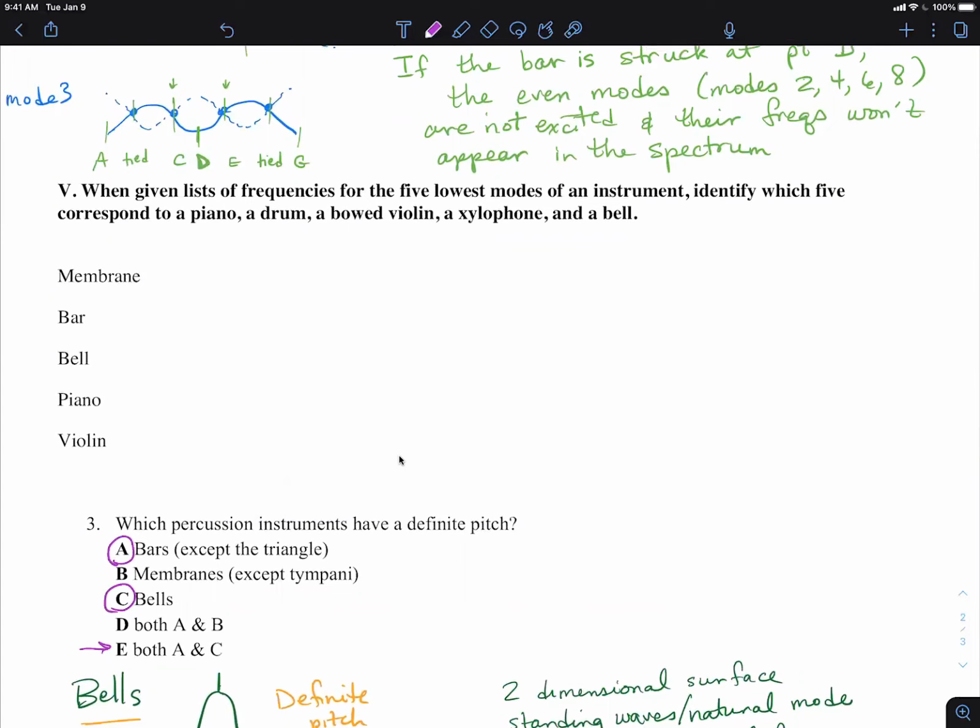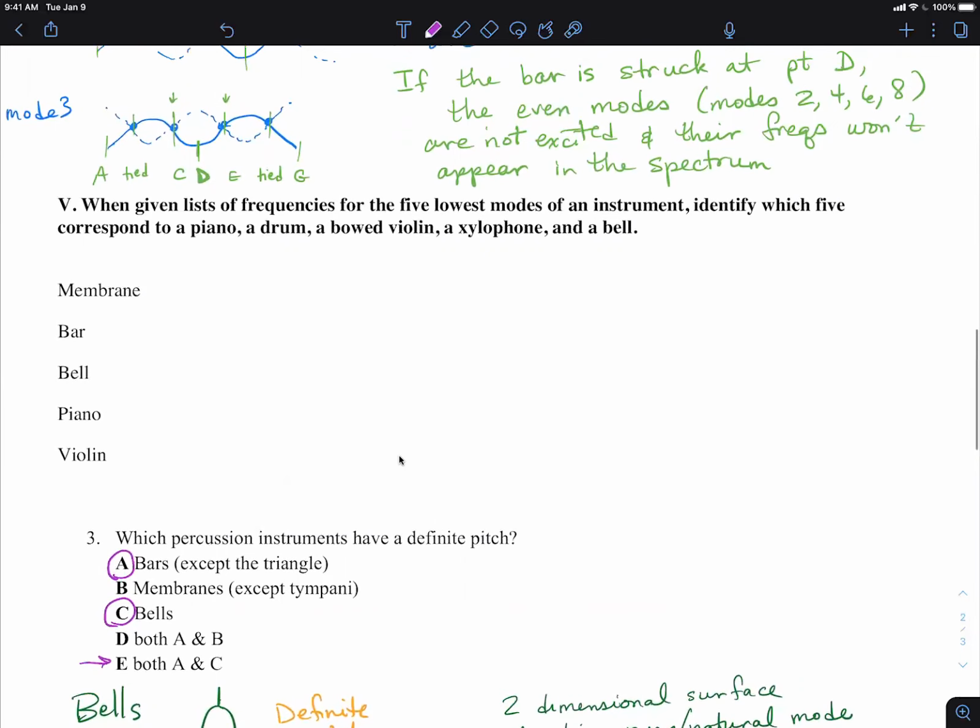Okay, so here are some examples. We're going to do this middle one, number 5, for what you might expect. These are not exact numbers, but give you the idea. For a membrane, characteristics: closely spaced inharmonic partials.